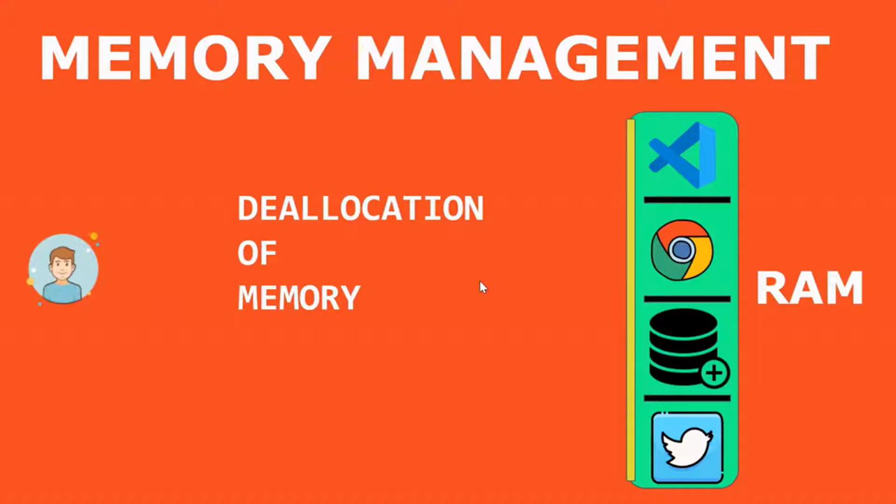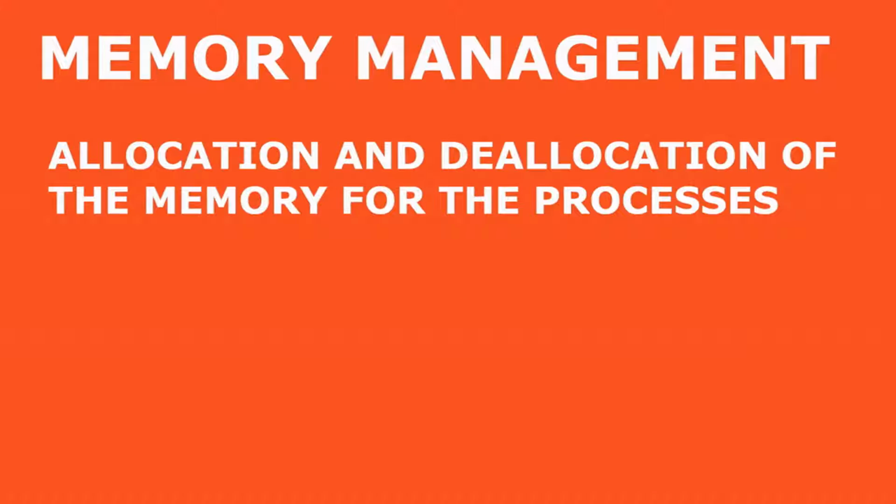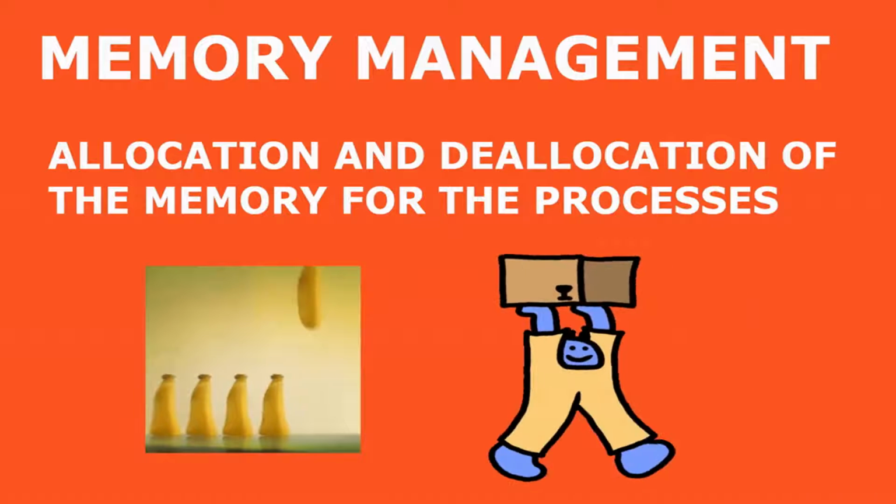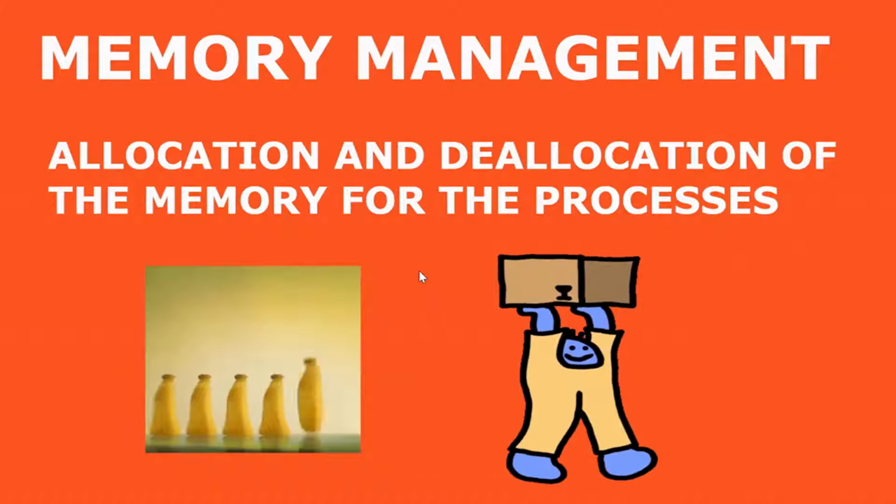So this is also handled by the operating system. The memory allocated to those applications will be deallocated in this way. So we can say it is the operating system which manages allocation and deallocation of the memory for the processes.